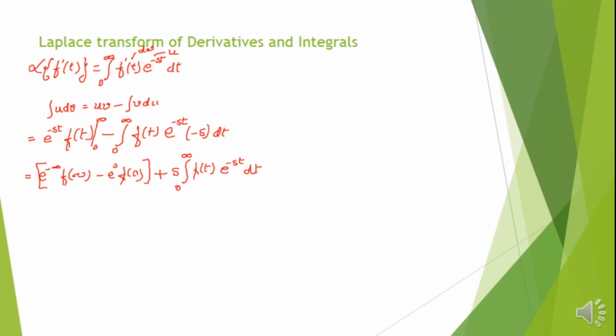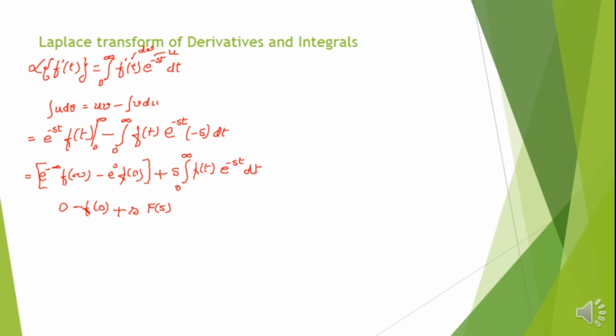Now e to the power minus infinity means it is 0, so 0, e to the power 0 is 1, so it is 0 minus f of 0 plus s into, what is this? Integral 0 to infinity f of t e to the power minus st dt is F of s.